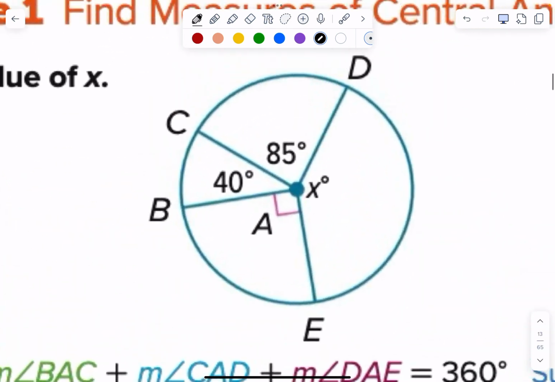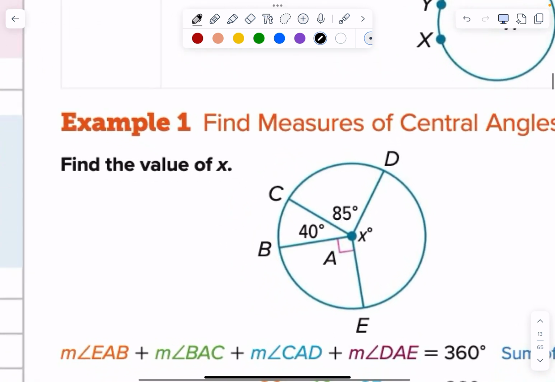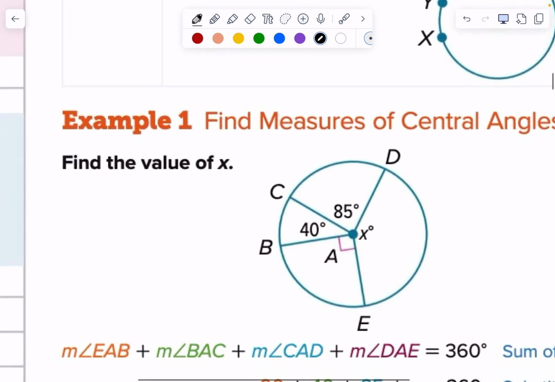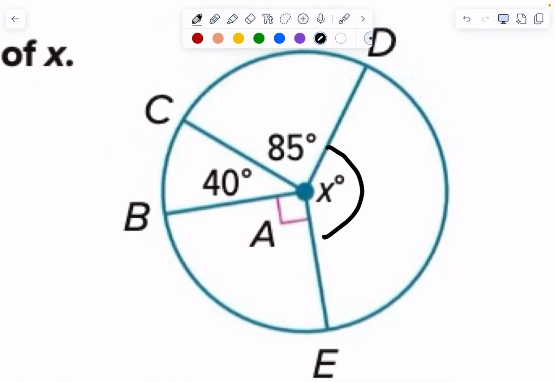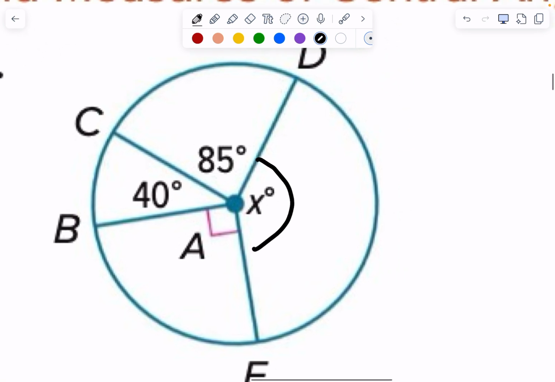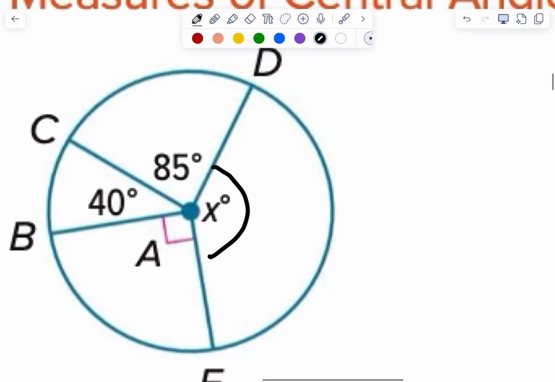Go to example 1, on the next page. Find the measure of angle X. How many angles are inside of there? How many central angles are there? 4. And they all add up to be 360. Okay, what is this one right here? 90. Okay, so what's 90, 40, and 85?